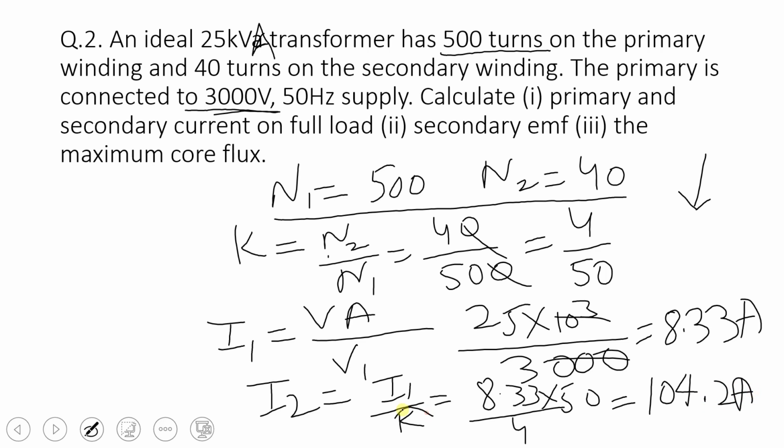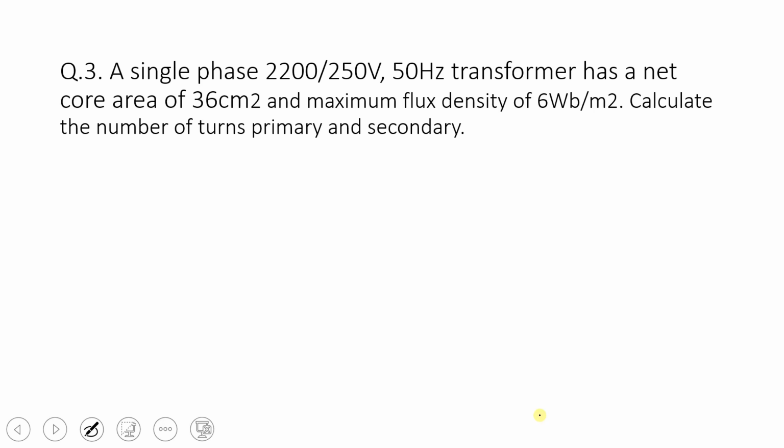Here the K value is 40 by 500 and 500 goes up, that's why I am writing it like this. So we have found the I1 and I2 values. The first part is clear. Primary and secondary current on full load: the primary current I1 is 8.33 ampere and the secondary current I2 is equal to 104.2 ampere.